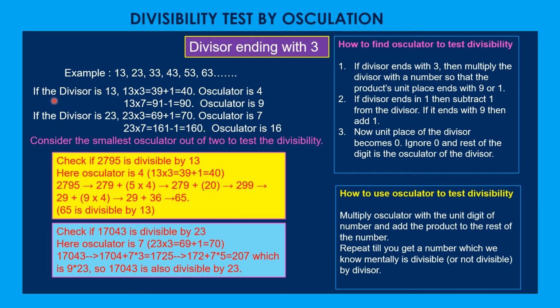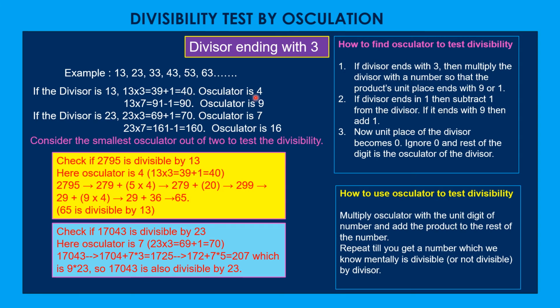For example, if your divisor is 13, you multiply 13 with such a number so that in your unit place you get either 9 or 1. So 13 times 3 is 39 and 13 times 7 is 91. So when you get 39, you add 1 to make the unit digit 0 and you get 40.